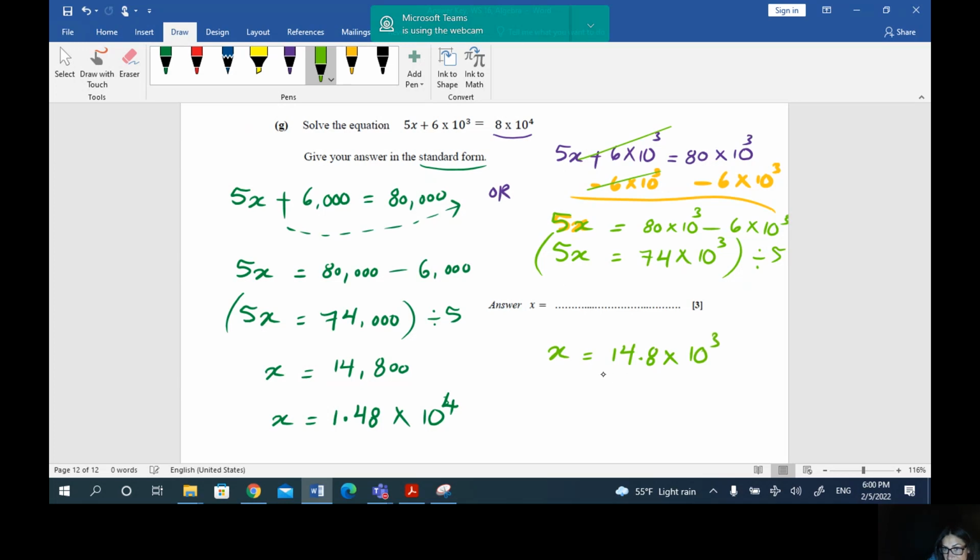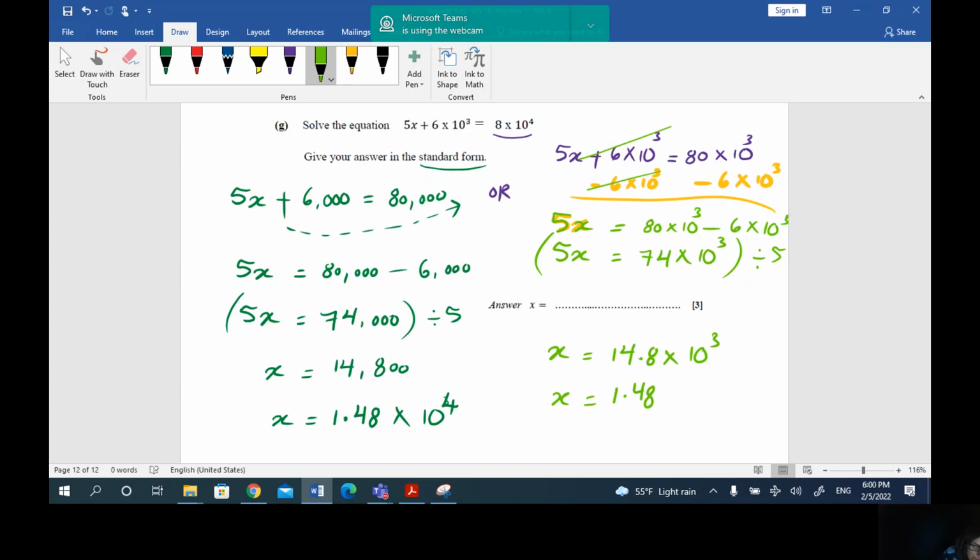It's not in standard form because this number should be greater than 0 and less than 10. So accordingly, 14 is greater than 10, so it will be 1.48. So we moved the decimal to here.